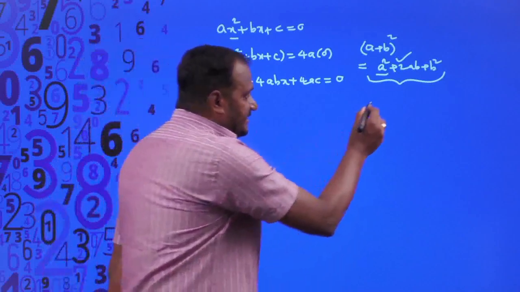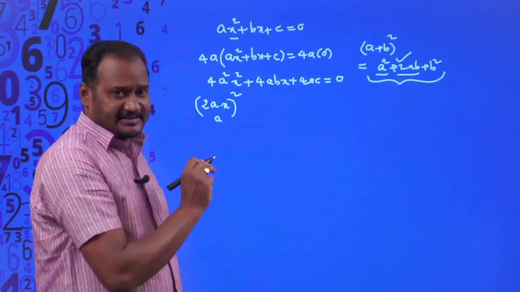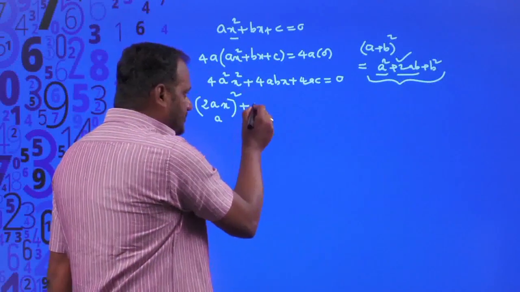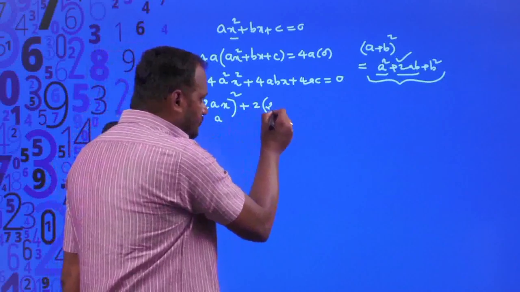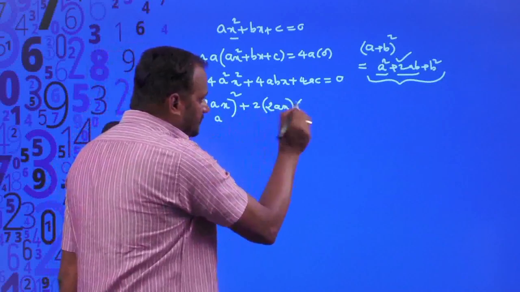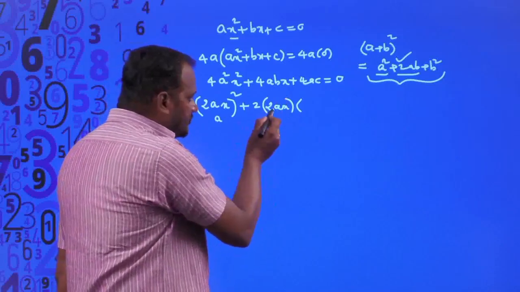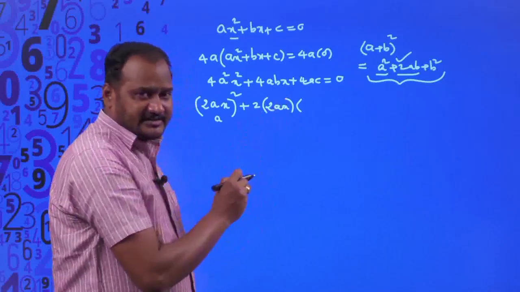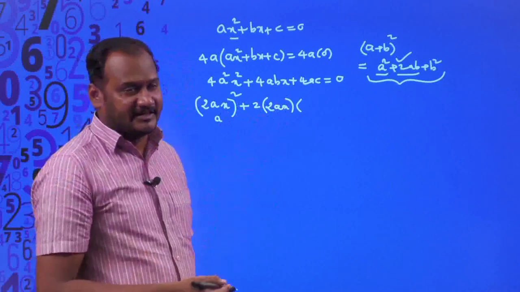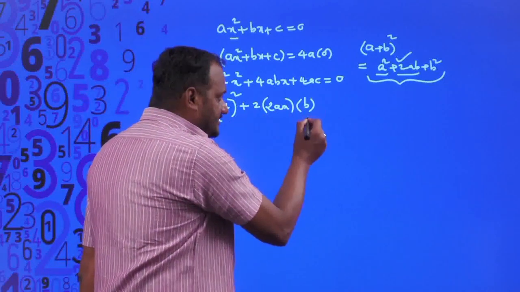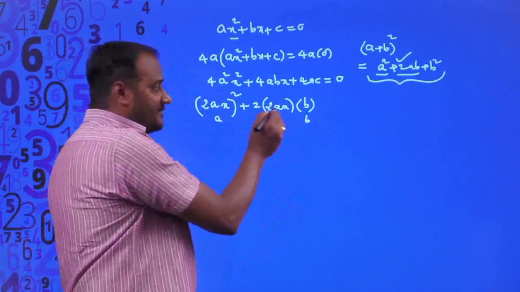Then the second term is 2ab, so our a is decided as 2ax, so 2 into 2ax into how much is equal to 4abx? 2 into 2 is 4, into x is 4ax. 4ax into how much is equal to 4abx? We are left with b only. So our b is b only. But a is 2ax, and b is b.